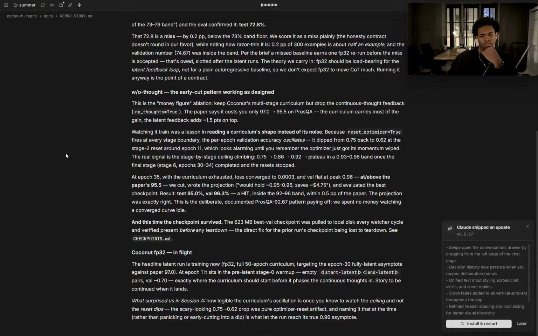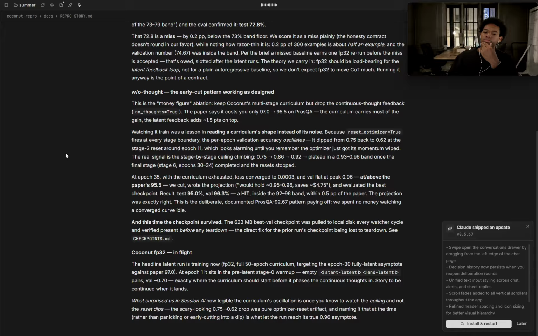Watching it train was a lesson in reading a curriculum's shape instead of its noise. Because reset optimizer equals true fires at every stage boundary, the per epoch validation accuracy oscillates. It dipped from 0.75 back to 0.62 at the stage 2 reset around epoch 11, which looks alarming until you remember the optimizer just got its momentum wiped.